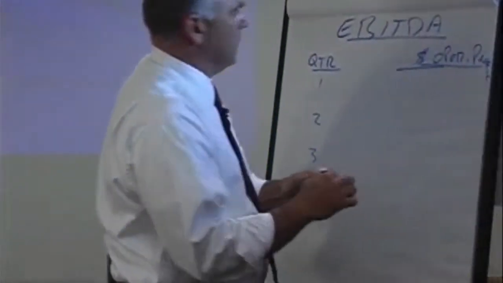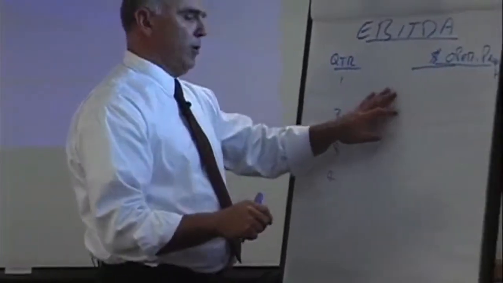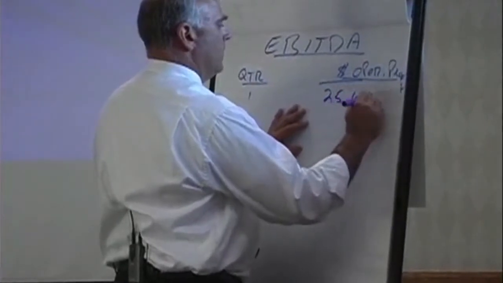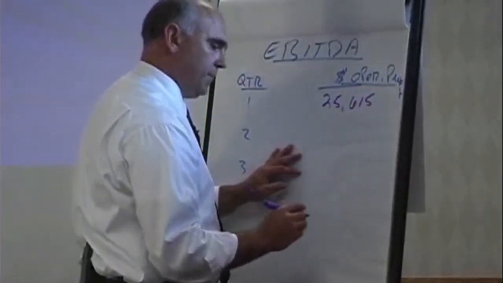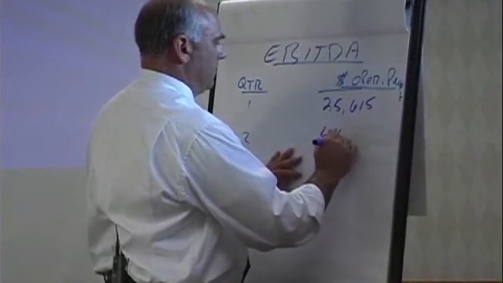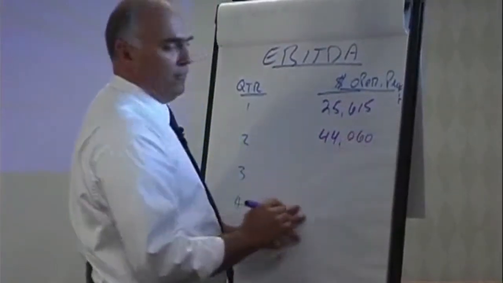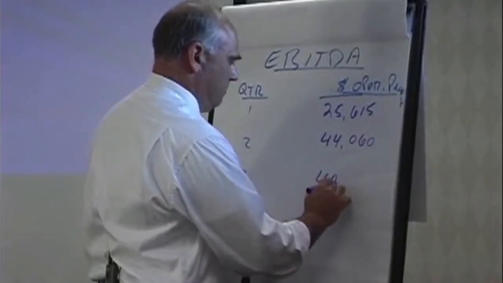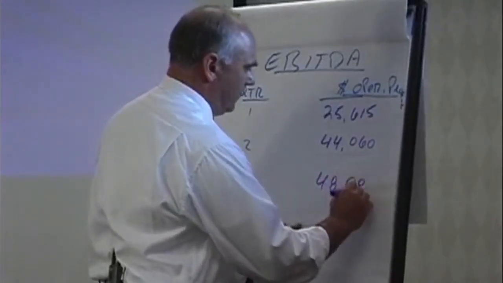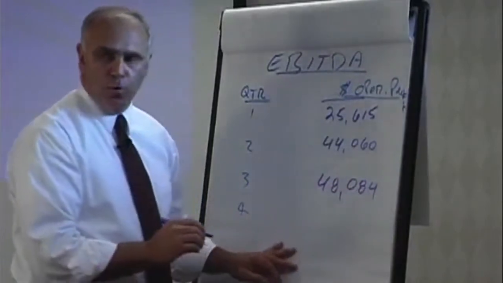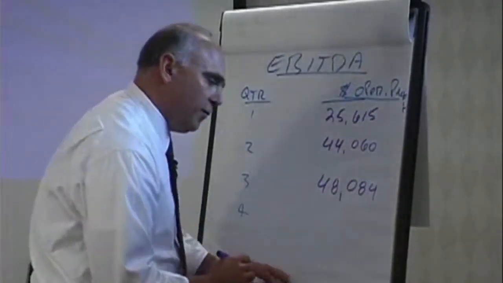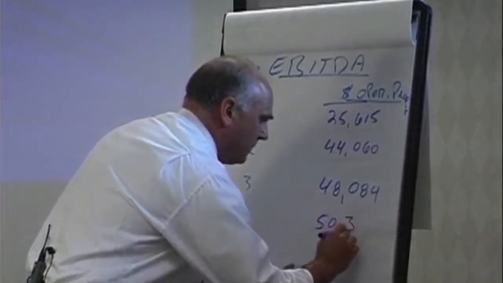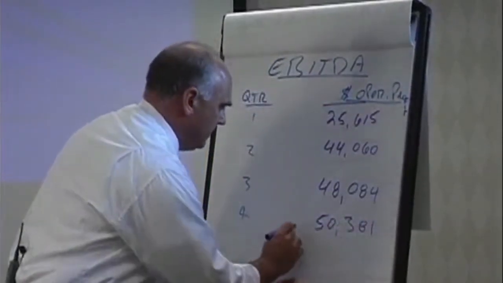In reference to your quarterly financial statements, the operating profit for the first quarter was $25,615, $44,060 for the second quarter, $48,084 for the summer quarter, and the fourth quarter operating profit was $50,381.